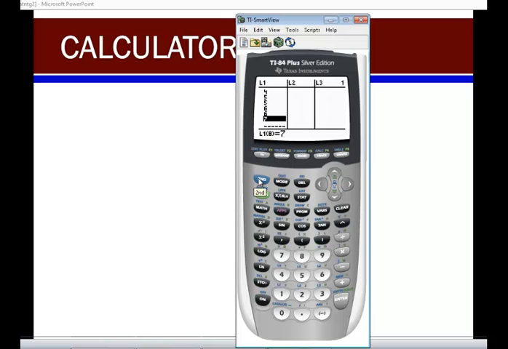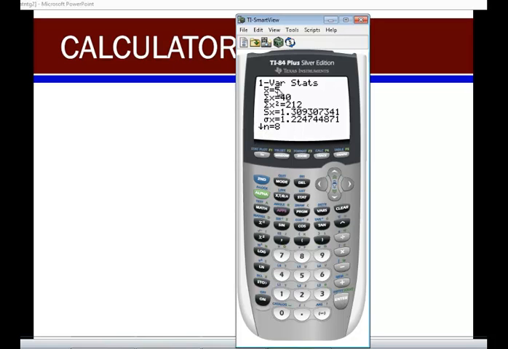by pressing Stat. I'm going to cursor over using the right arrow key to the Calc button, and I'm looking for one variable stats. We just have one column, so we're doing those one variable stats. I'll press Enter, and then press Enter again, and notice what I get here.